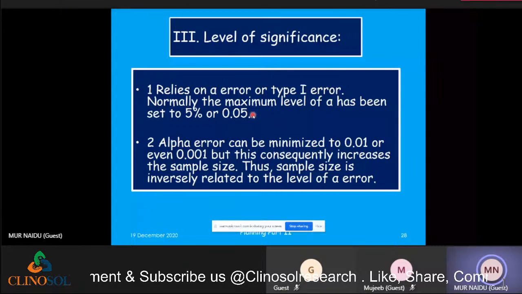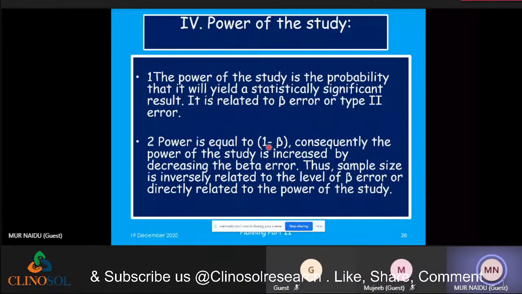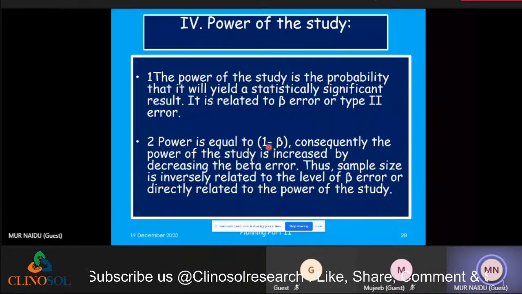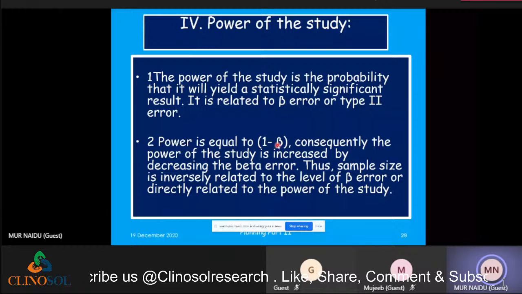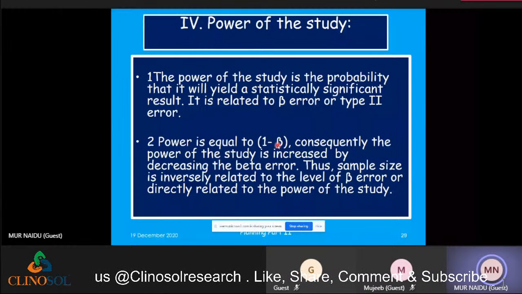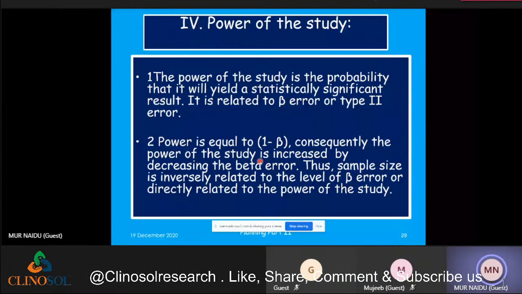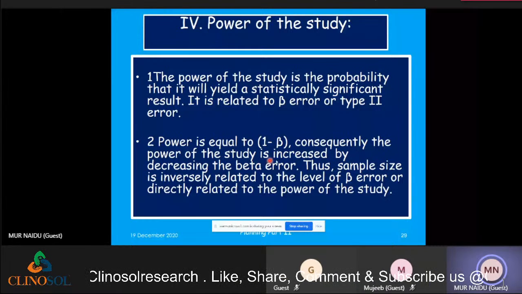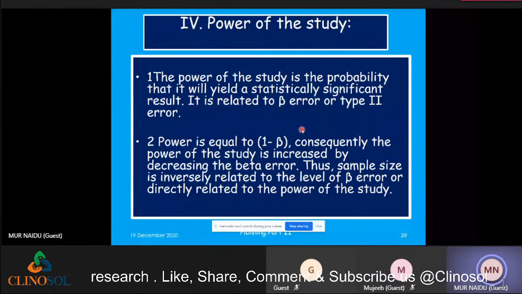So 1 minus beta, usually taken from 100, will become 80. Consequently the power of the study is increased by decreasing the beta error, thus the sample size is inversely related to this. So power is usually 80%. So we have alpha error and we have beta error.